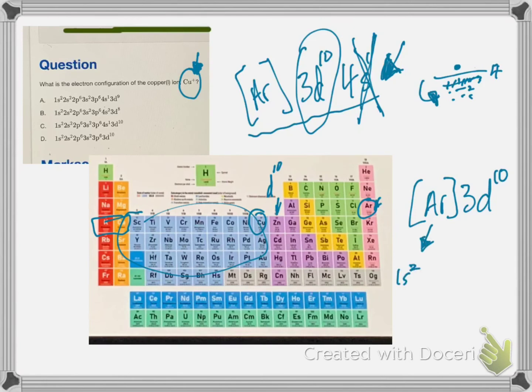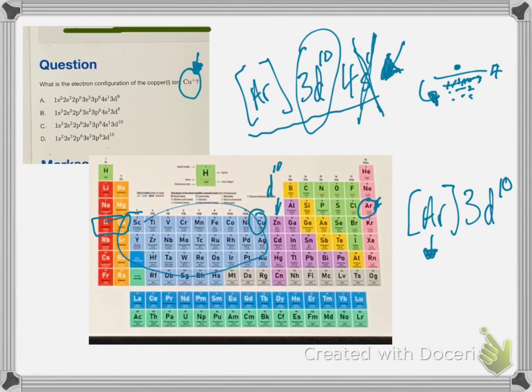Now, what is argon's configuration, since we have removed the electron from the 4s orbital?